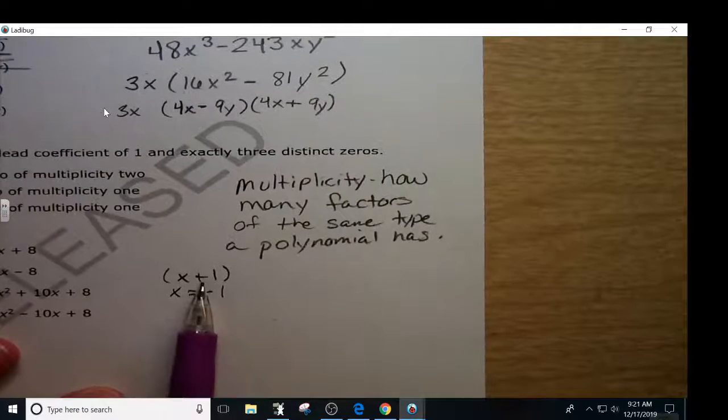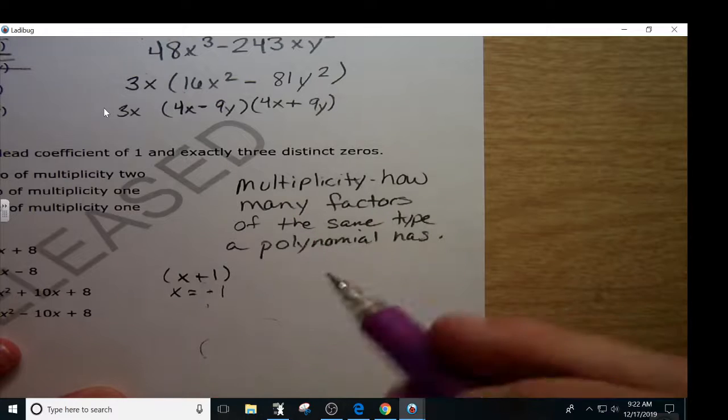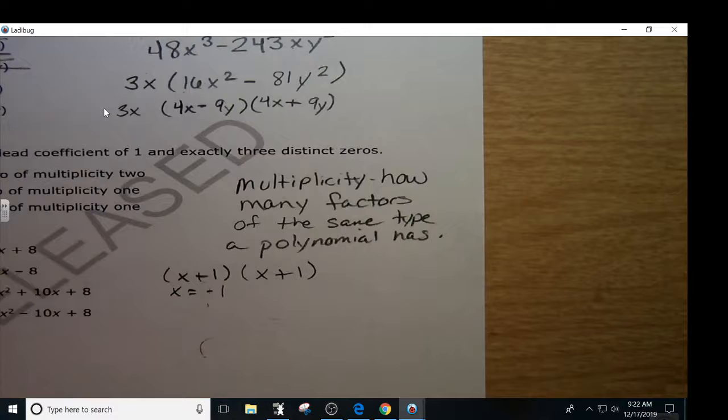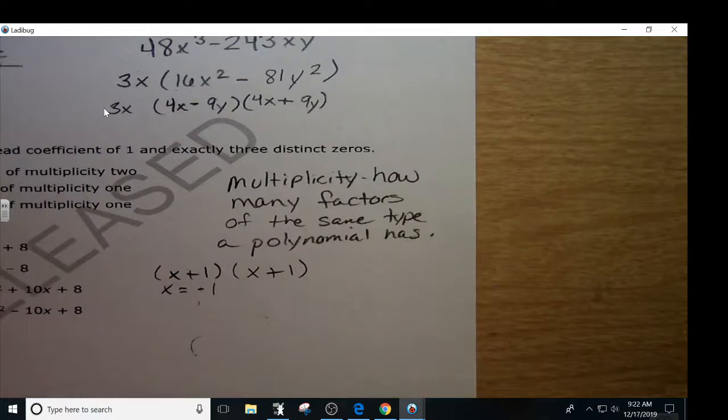That will be x plus 1. Does everybody understand how I got this? Because, guys, what do I get when I set this equal to 0? Negative 1. If it has a multiplicity of 2, that means you have x plus 1 twice. If it has a multiplicity of 3, you would have the same one 3 times. 4 would be 4 times it. And so forth.